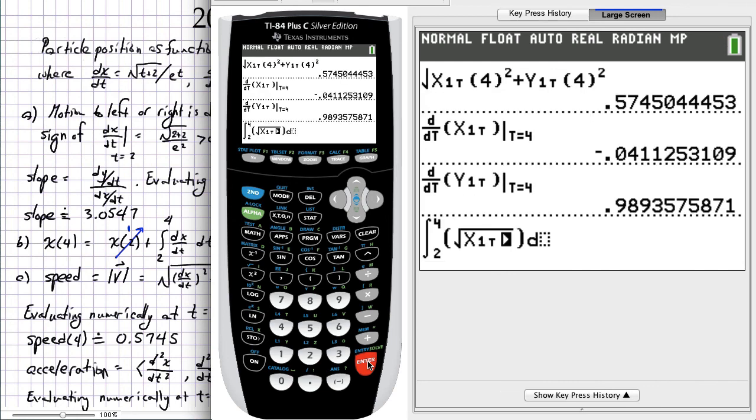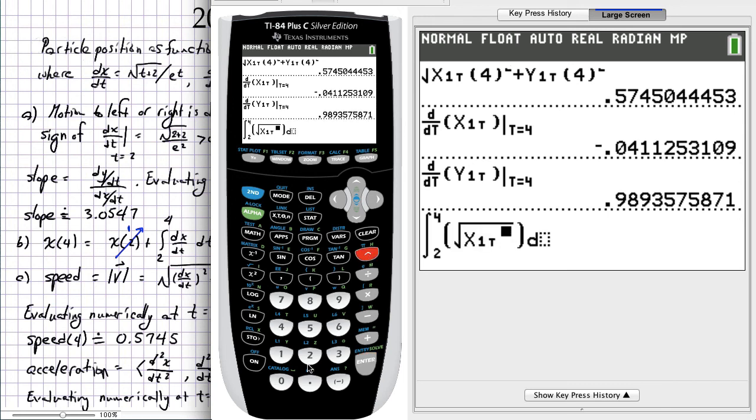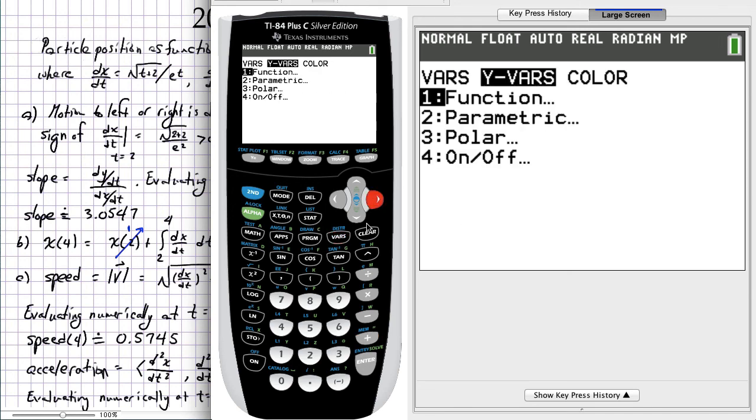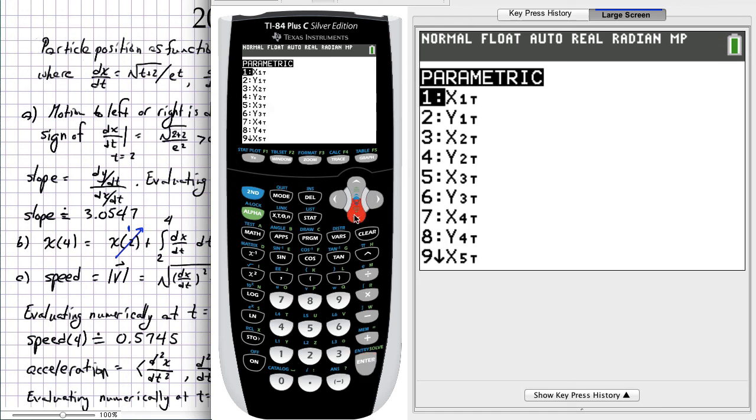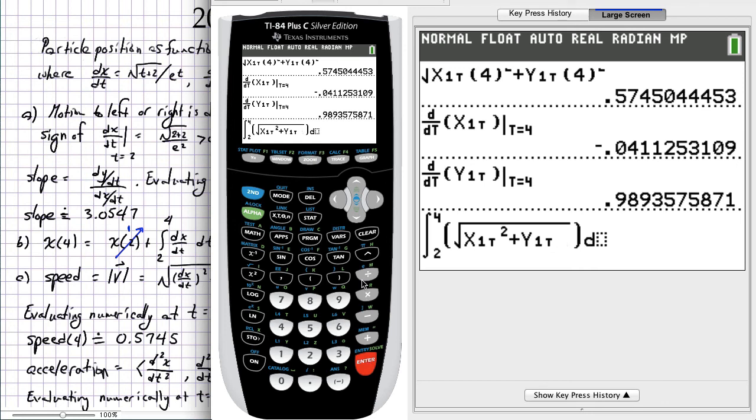Our dx/dt, that has to be squared, plus our dy/dt, and that also has to be squared.